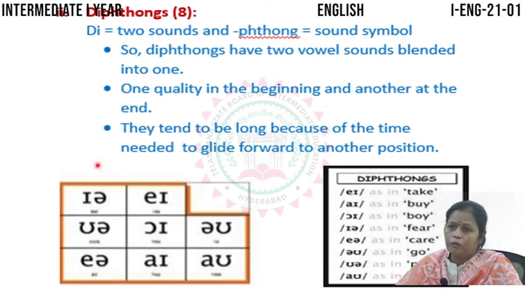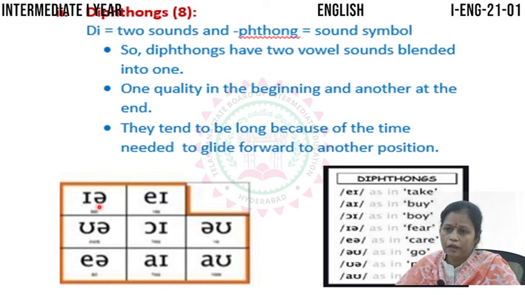The time taken to pronounce monophthongs is less compared to diphthongs, because in diphthongs there are two sounds and the time to glide, to move from one sound to another, takes extra time. So compared to monophthongs, the time taken for diphthongs is comparatively more.